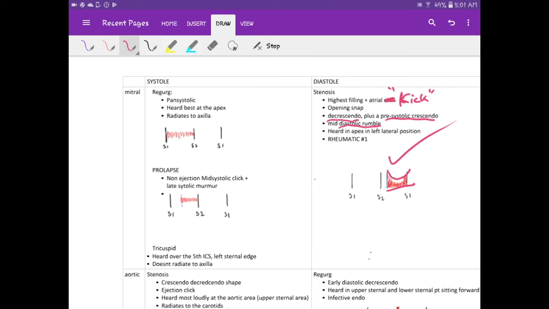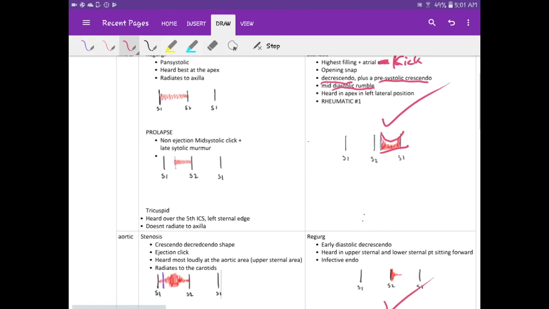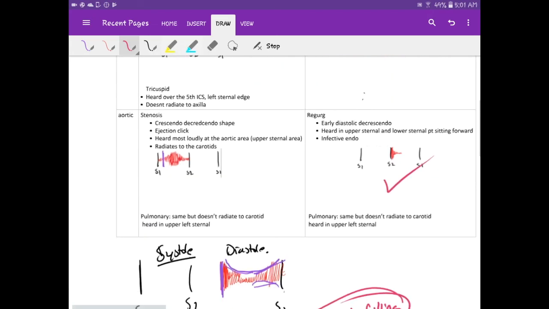Mitral regurg is pansystolic, just one shape, heard best at the apex, radiates to the axilla. We explained that. A prolapse is also important to note because it's the exact same thing, but what you get is a mid-systolic click. That's done. Aortic stenosis is a crescendo-decrescendo with an ejection click, heard most loudly in the aortic area.